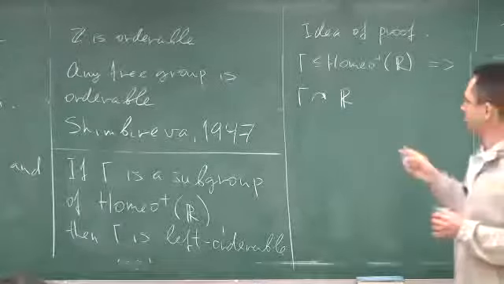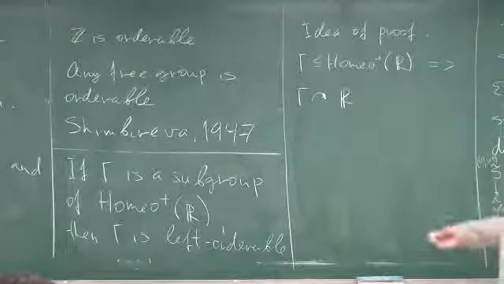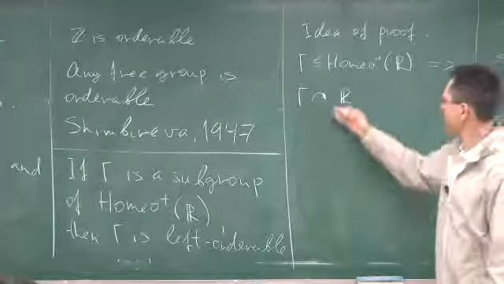The problem may be that those two elements send it to the same point, say the point is fixed by the two elements. So you cannot really distinguish the two elements by just looking at one point. If you happen to find a point in R such that gamma acts on the orbit of that point freely, if you can find a point for which the stabilizer is trivial in gamma, then you can just use the natural order on real numbers to define the order on gamma.